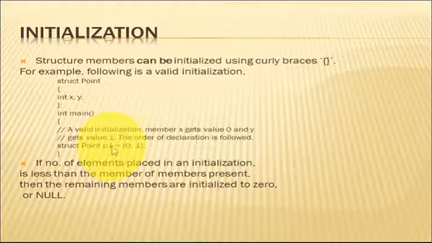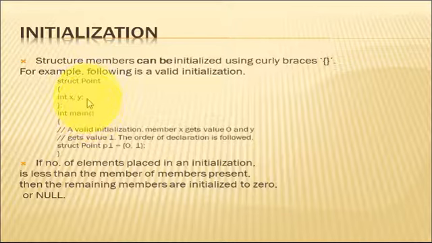Here itself we can initialize the structure variable. p1 equal to, using curly braces, 0, 1. So here the x value is taken as 0 and the y value is taken as 1. Only here is it possible to initialize the values.